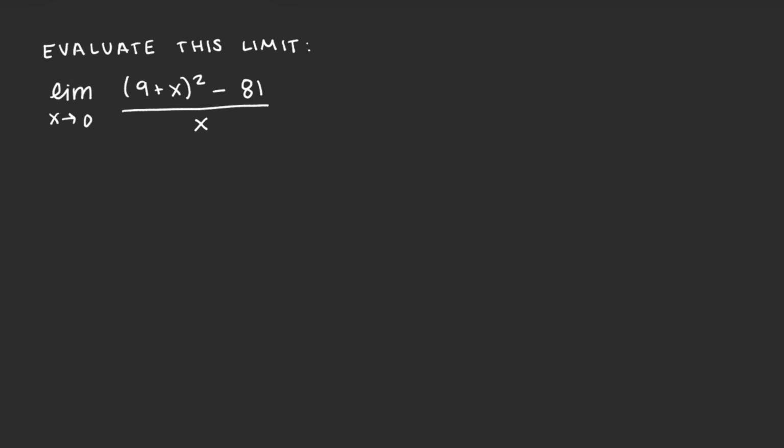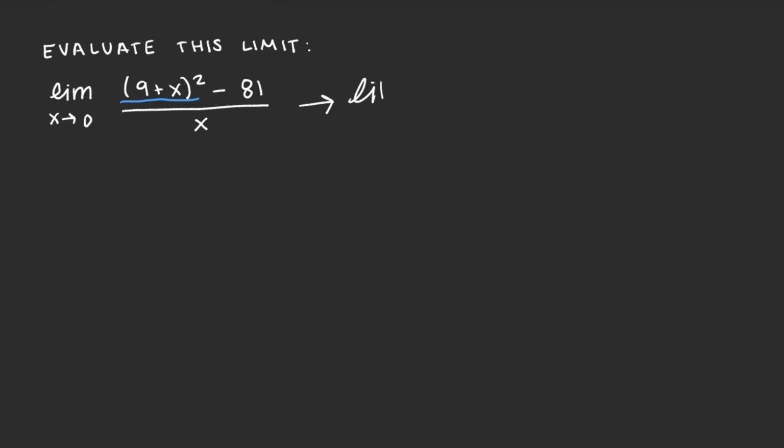Alright, for this final example, we'll evaluate the limit as x approaches 0, 9 plus x squared minus 81 over x. So our first step will be to expand this right here. And that will look like this.